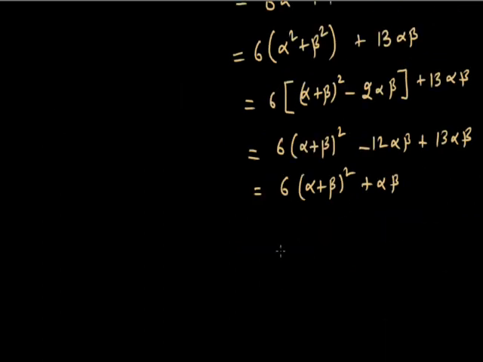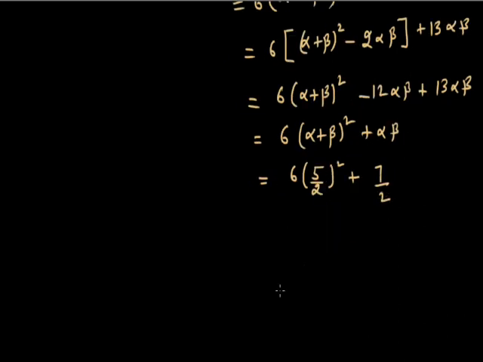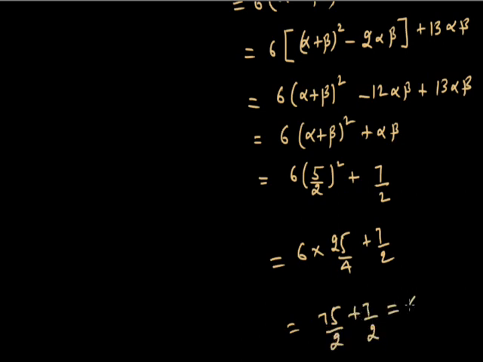Now substituting the value of alpha plus beta, so alpha plus beta is equal to 5 by 2. So 6 multiplied by 5 by 2 whole square. So 6 multiplied by 25 by 4 plus 7 by 2, or we can say 75 by 2 plus 7 by 2. This is equal to 41.